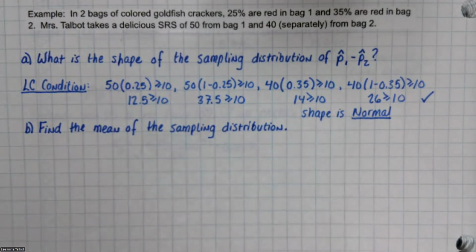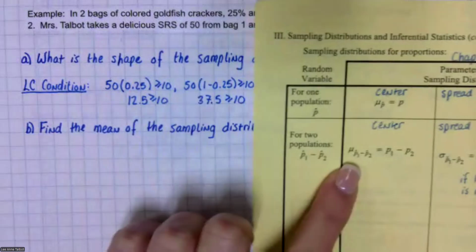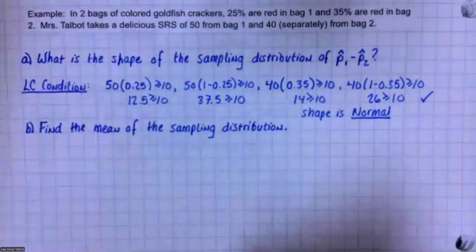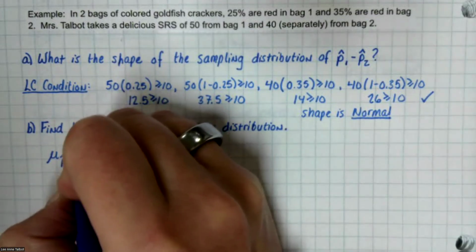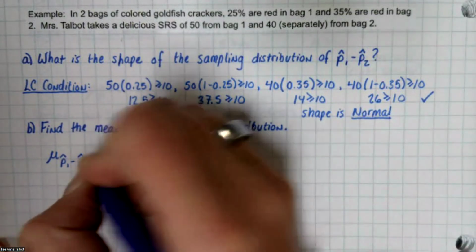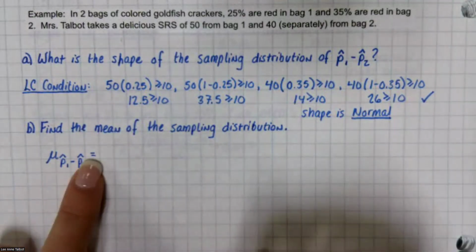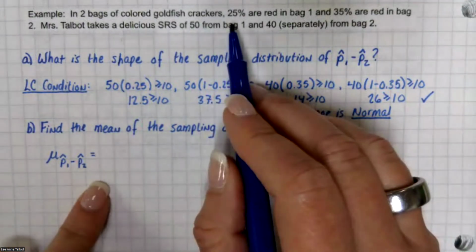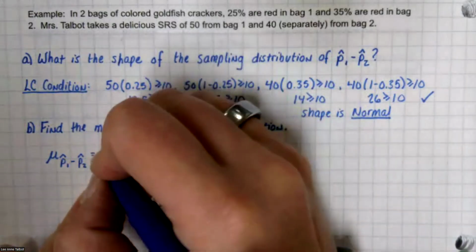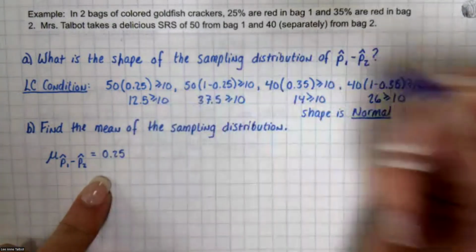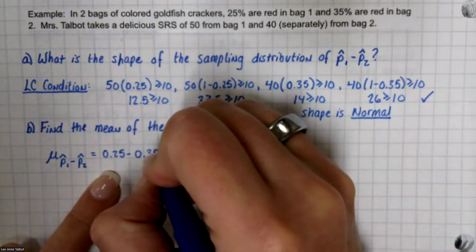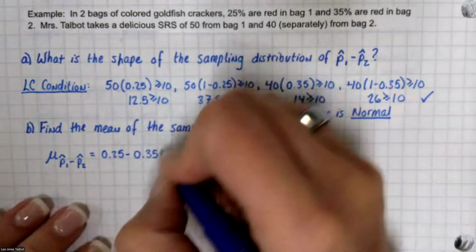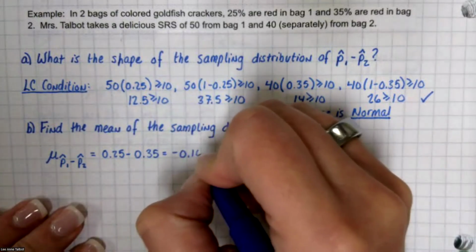Okay, find the mean of the sampling distribution. Mean is the center, which is this. So the mean of the dot plot is P1 minus P2. P1 is 0.25. P2 is 0.35, equals negative 0.1.